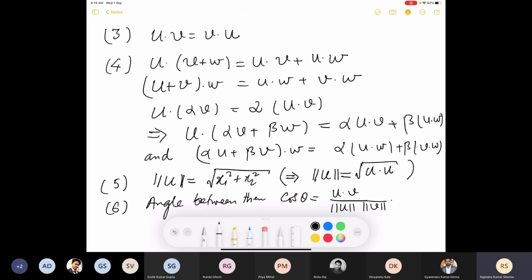Some of these properties we would like to generalize, not just for R2 to R3, which you can visualize, or Rn over R, but for a vector space over the field of real numbers or over the field of complex numbers.